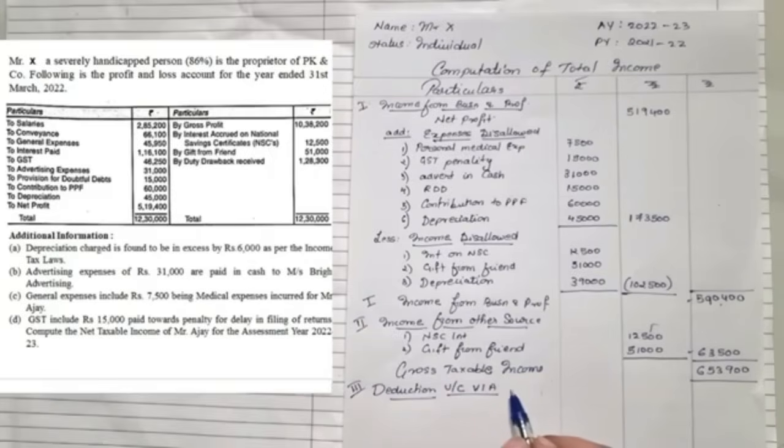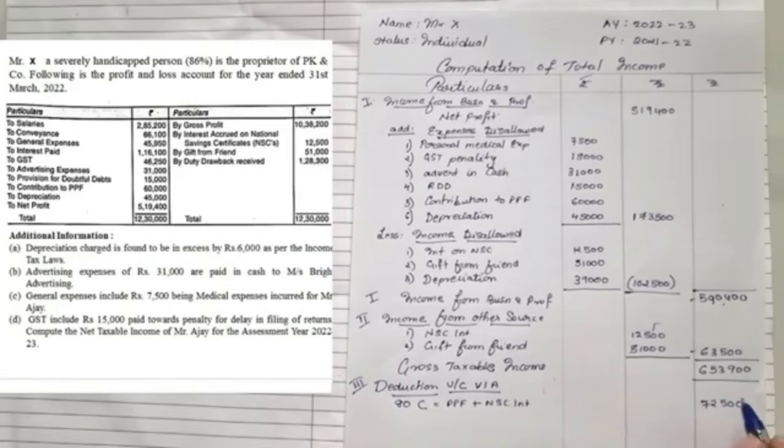Let us see what all deductions are available here. Okay, first thing, they are giving you a contribution to PPF and interest on NSE. Now both of them come under 80C because they are contributions. So you have 60,000 of PPF and 12,500 of NSE, so I get the value as 72,500, which is less than 1,50,000, so it is allowed.